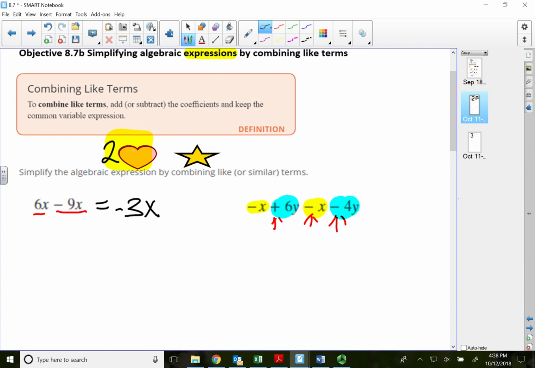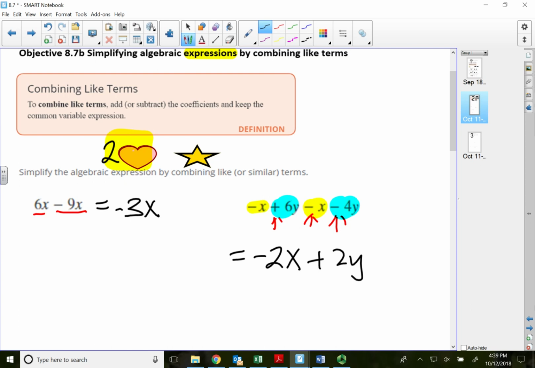Negative x combines with another negative x, so we say negative 1 minus 1. Terms with the same sign, we add, so that would be negative 2x. Positive 6y and negative 4y can be combined, so we say 6 minus 4, which is positive 2y.